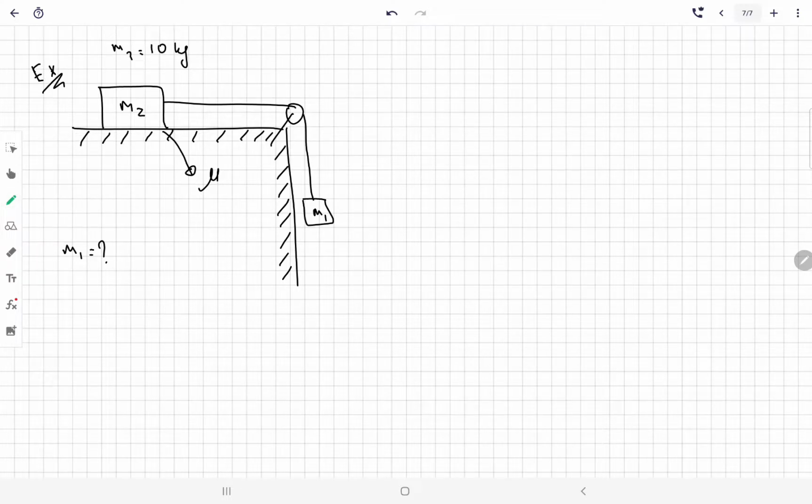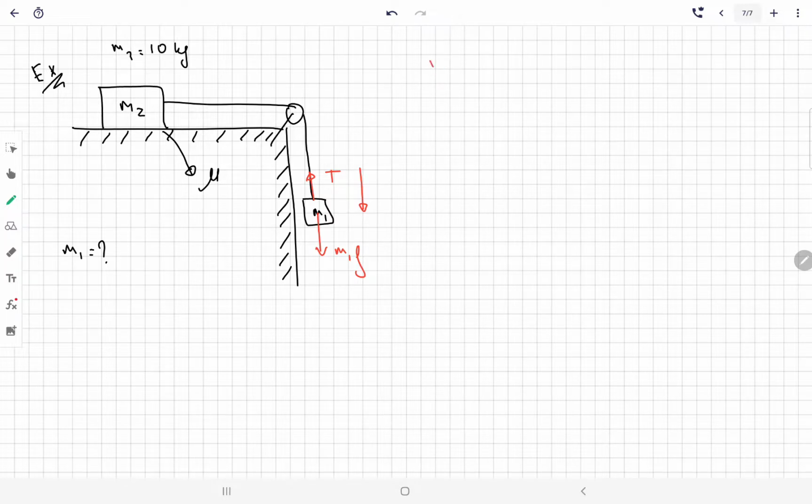We have two objects. We need to apply Newton's second law for both objects. Before applying, we need to draw a free body diagram for both objects. Let me start with M1. Downward we have a weight, upward we have a tension. So it can only move in the vertical direction, logically.